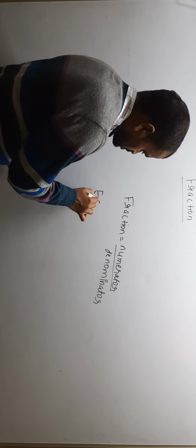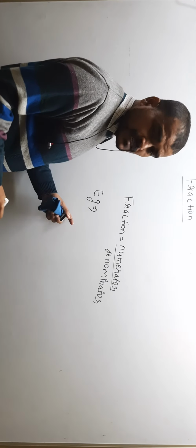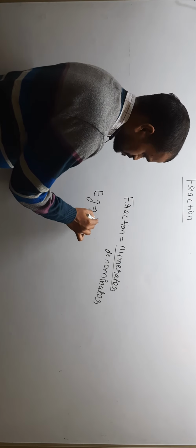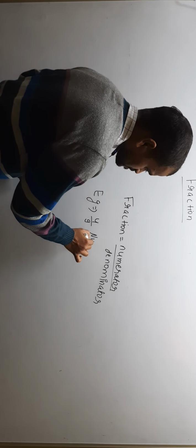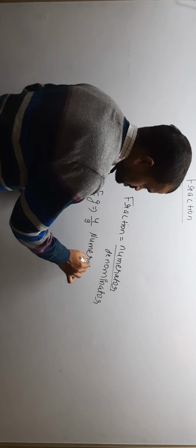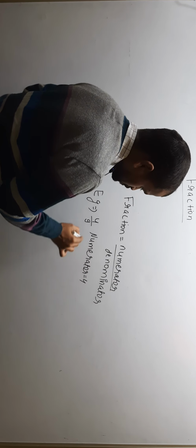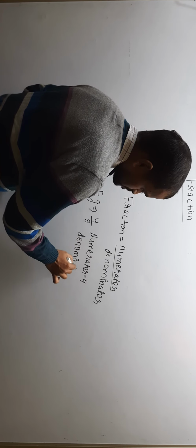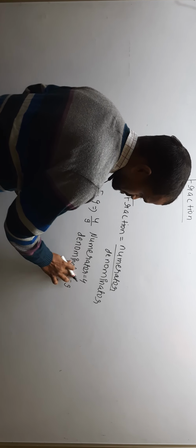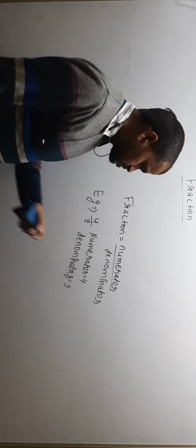Let's see an example here. Suppose I have written 4 upon 9. Here the numerator is 4 and the denominator is 9. So this is the fraction.